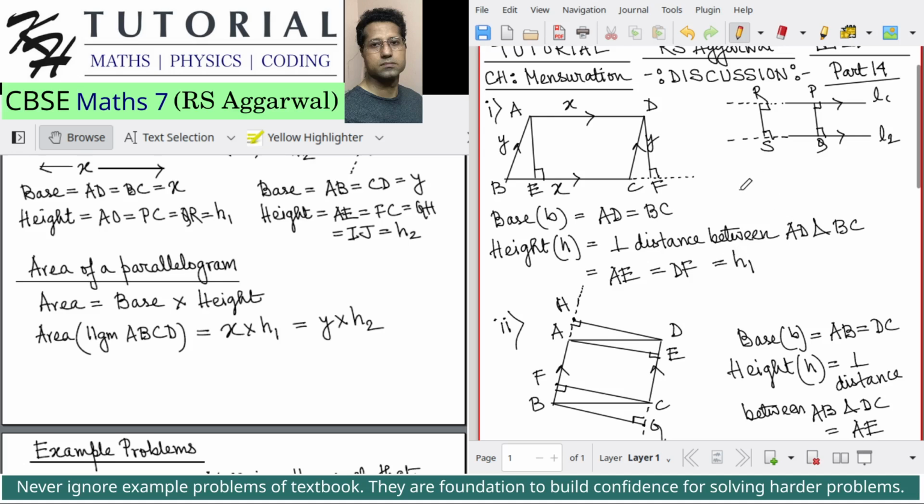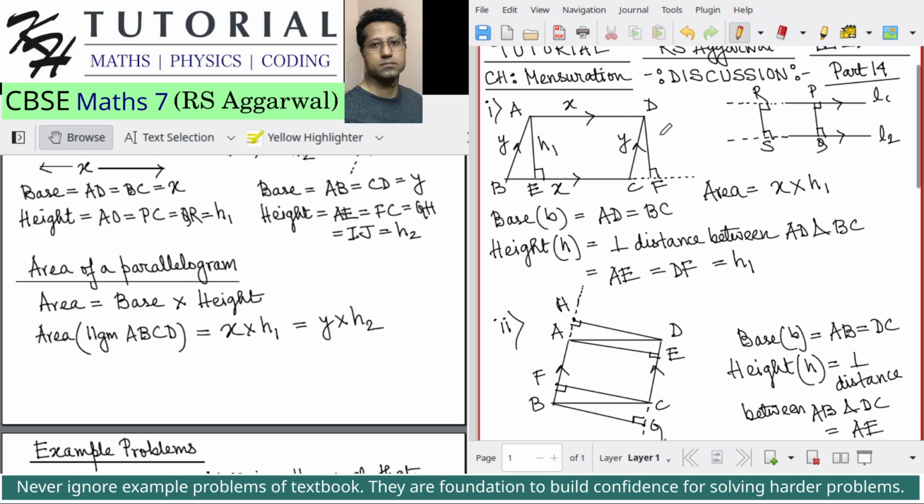So for figure 1, considering the base as the pair of opposite parallel sides AD and BC, the area will be equal to the base, that is x, multiplied by the corresponding height, which is h1, where we have AE and DF as h1, and let's say this is y.